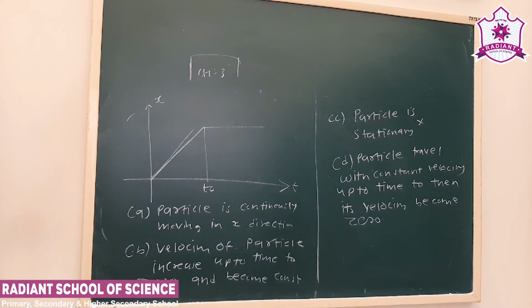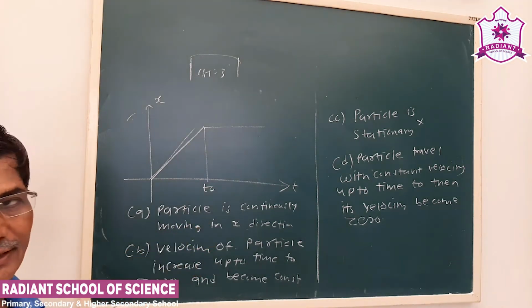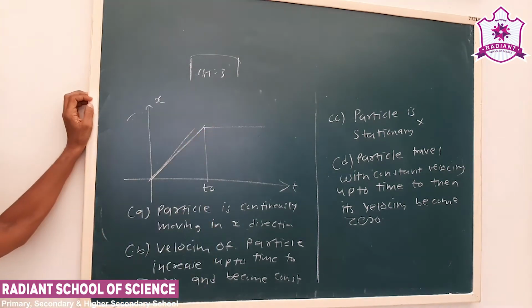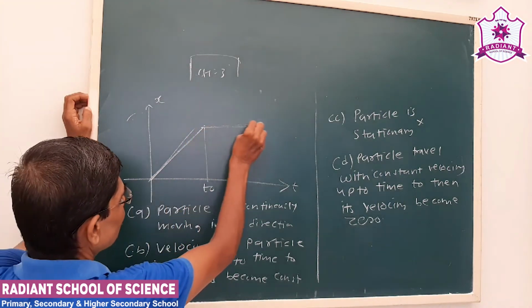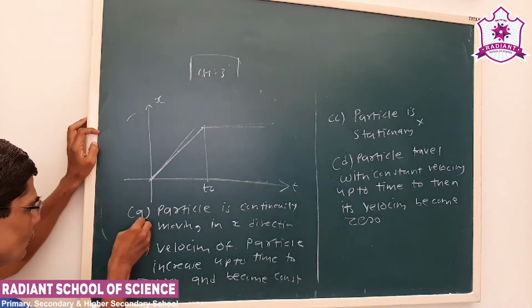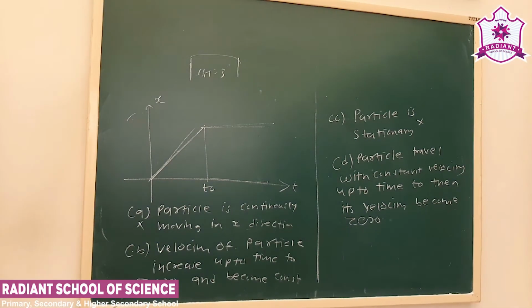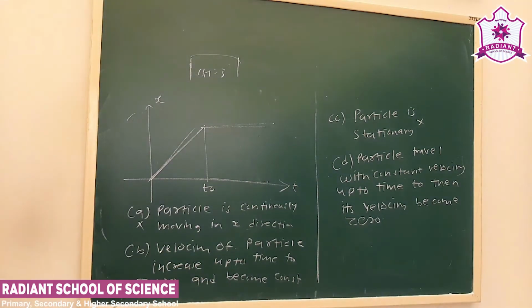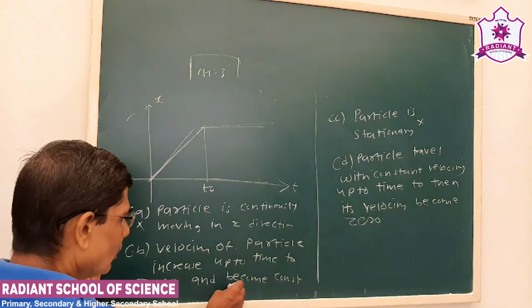The particle is continuously moving in the x direction: that is also wrong, because it has moved up to here, then its position does not change. Time is passing, but the position does not change, so this option is also not correct. The velocity of the particle increases up to time t0, then it becomes constant.